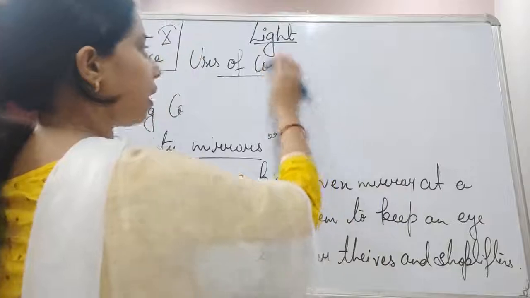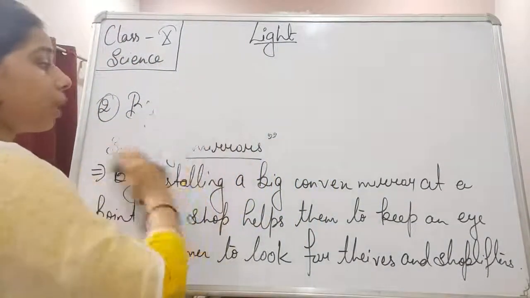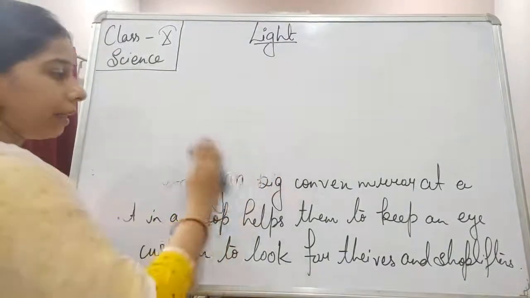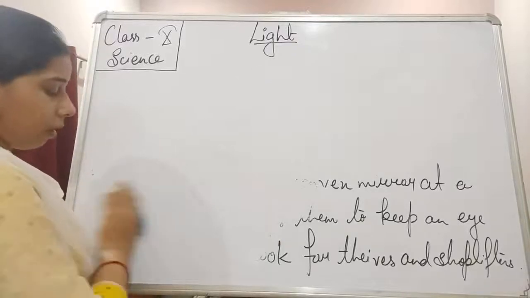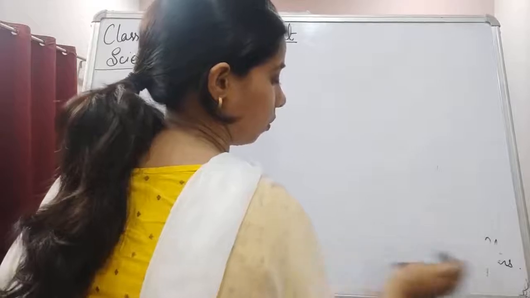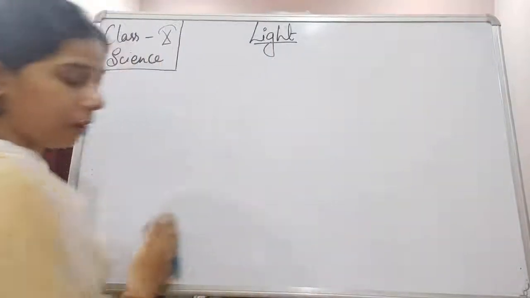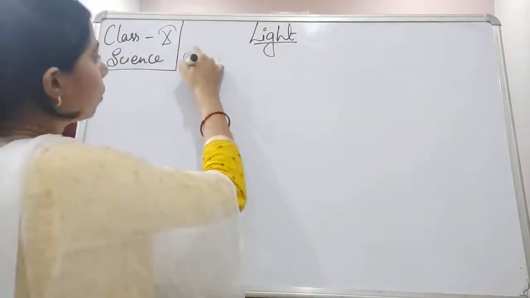Now let us try to understand a new concept: how can we distinguish between the three mirrors, that is concave, convex and plane mirror.